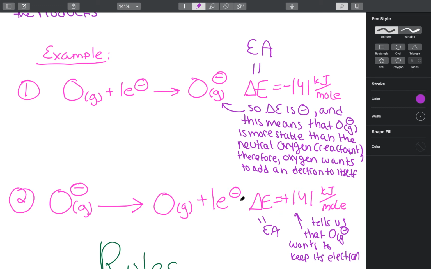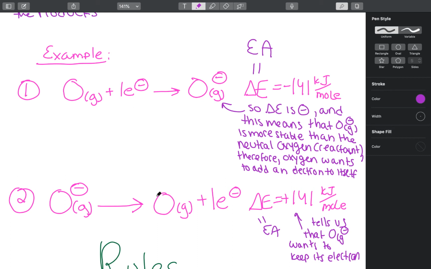And it wants to keep its electron because the neutral oxygen is less stable than the oxyanion. So therefore, the oxygen wants to keep this electron.